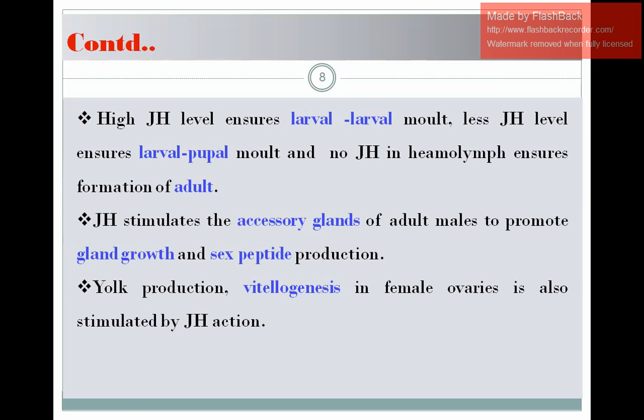Juvenile hormone stimulates the accessory gland of the adult male to promote gland growth and sex peptide production. Vitellogenesis, that is the yolk production in female ovaries, is also stimulated by juvenile hormones.